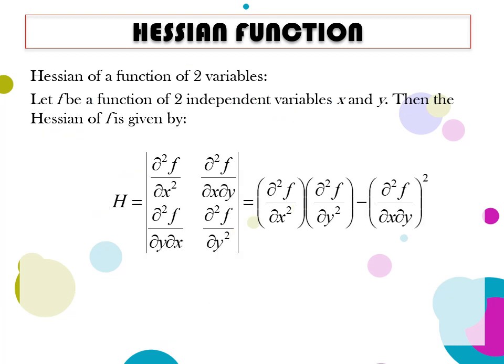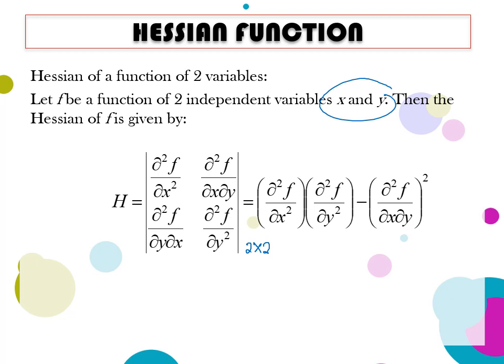So the good news is in this course you will be tested only with one function that has two variables. So you'll be dealing with a function of two independent variables x and y. In other words, you'll be dealing with a 2 by 2 matrix.